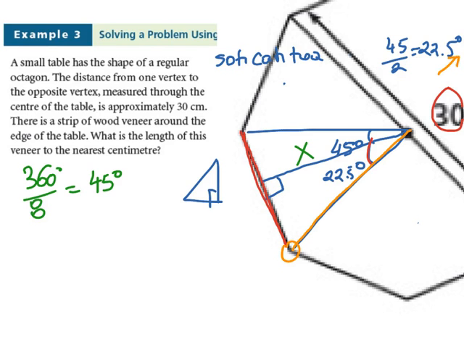And this orange part, or side of the triangle, is half of 30, which in this case is 15. So we have an angle of 22.5 degrees, and I'm just going to erase the 45 because that's a little bit confusing.